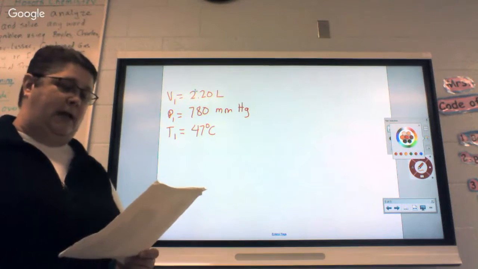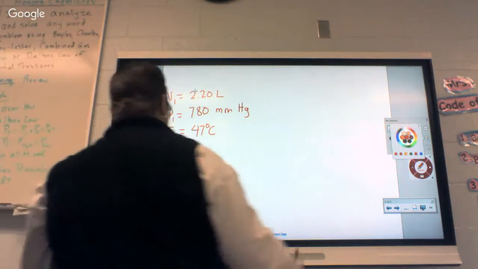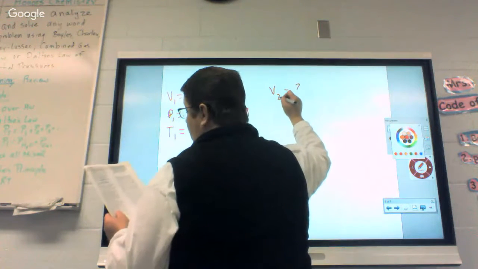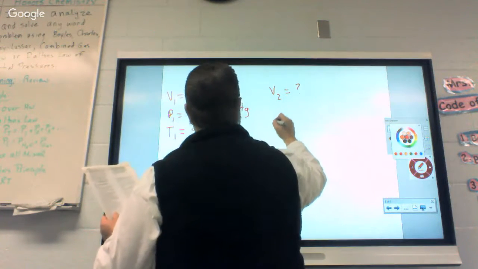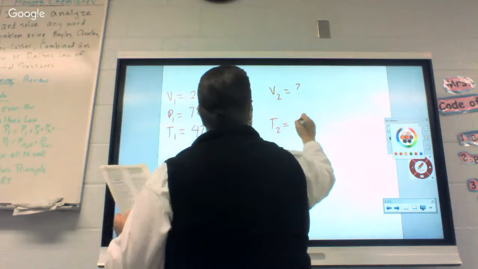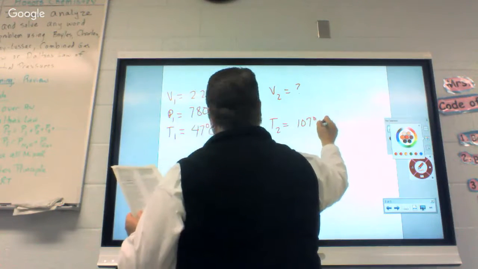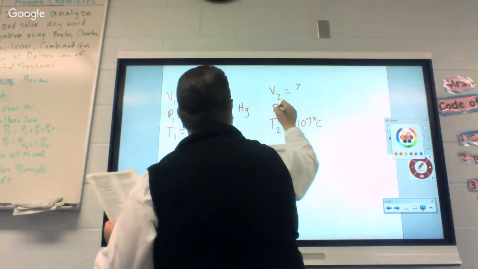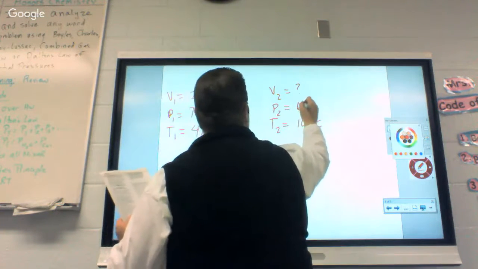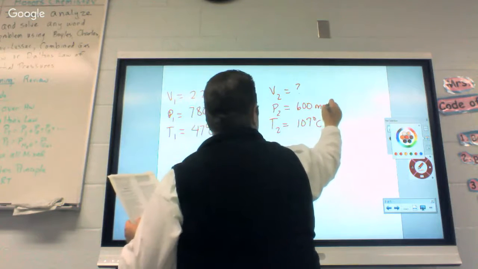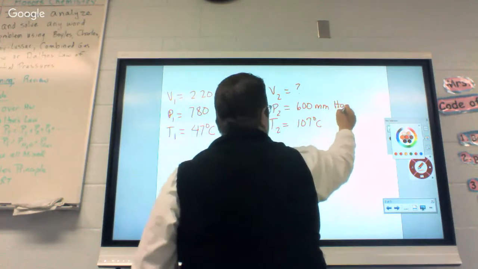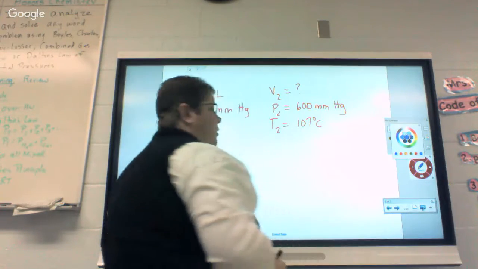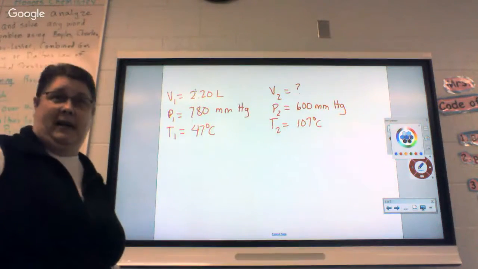And as we keep reading, it says what volume would it have, so V2 is what we're looking for, if it has a temperature of 107 degrees Celsius and 600 millimeters of pressure. Now again, it only wrote mm, that's the same as mmHg. So we're okay on the volume because it's liters, because we will find it in liters.